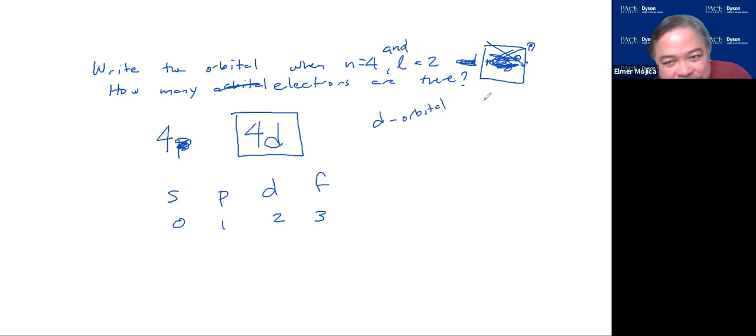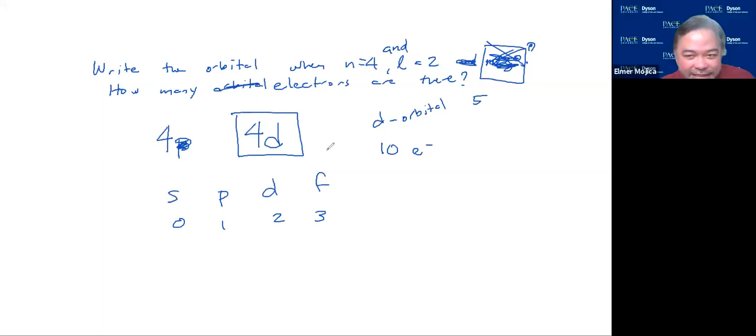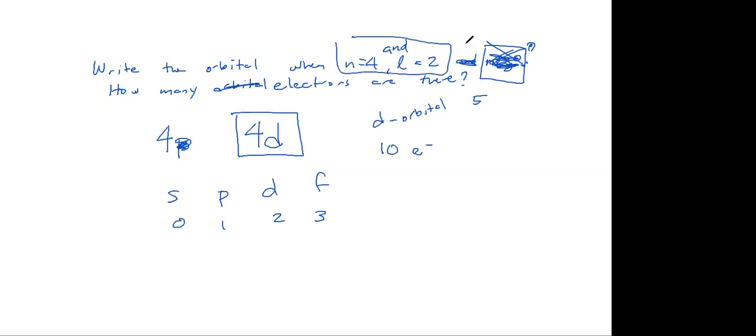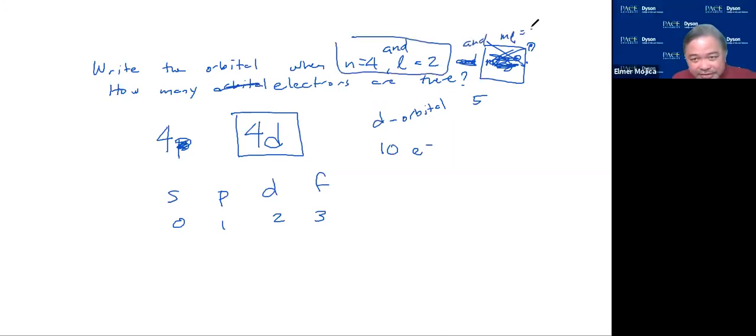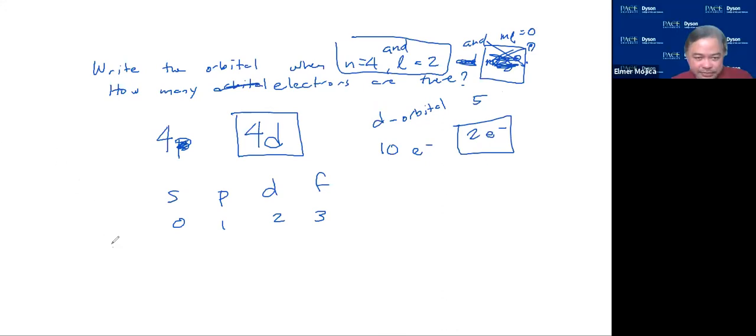A d orbital has how many m sub l values? 5. So the answer there would be 10. You get that? But if you include this one, what is your answer? Because you're given the exact orbital. Okay? So let's try again.